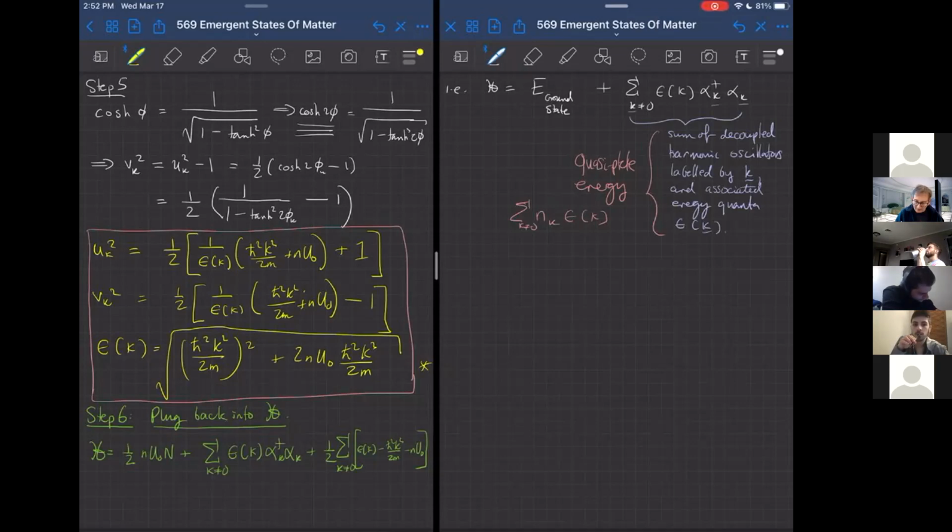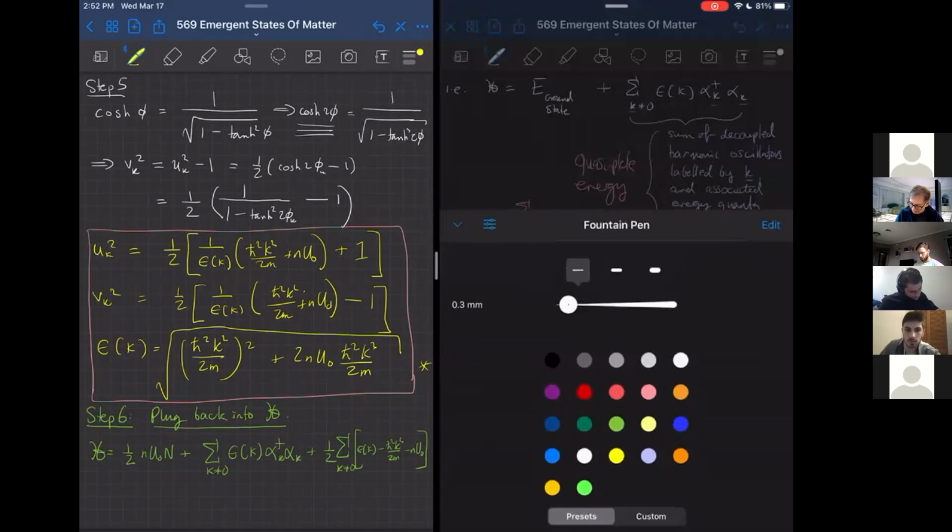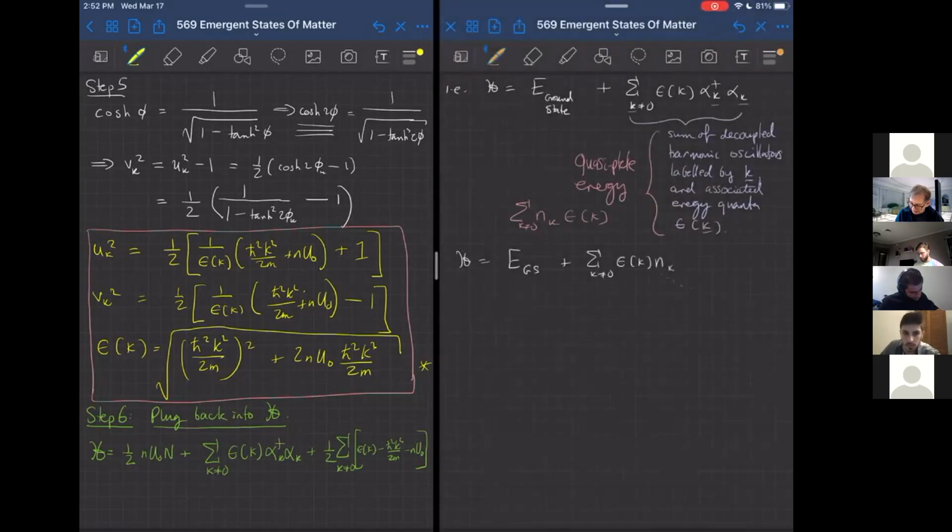Okay. So just to summarize, what I was just about to say was we have the energy of the ground state plus the sum over k not equal to 0 of epsilon of k times the number operator, which is the number of quasi-particles in the system at k.